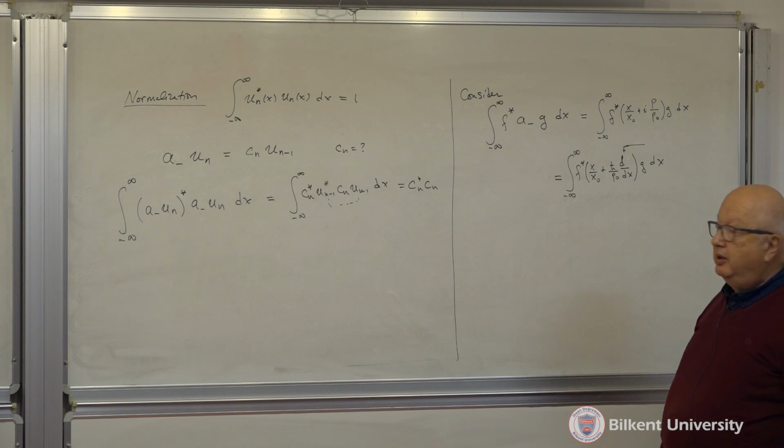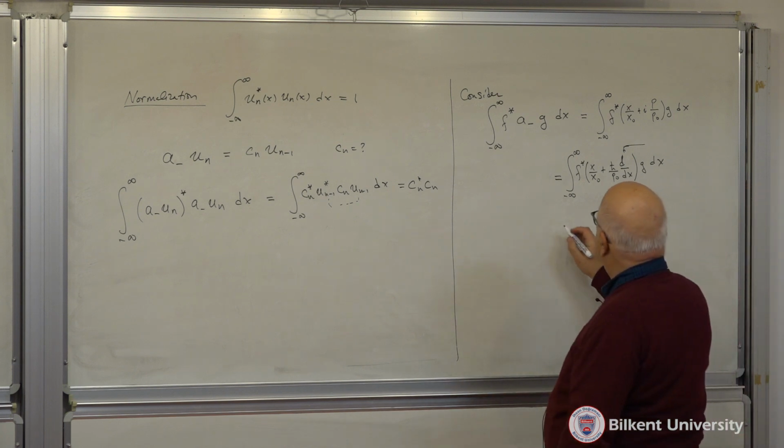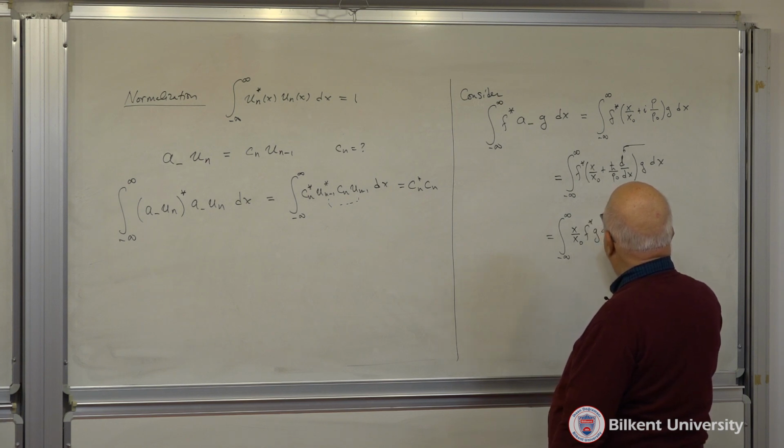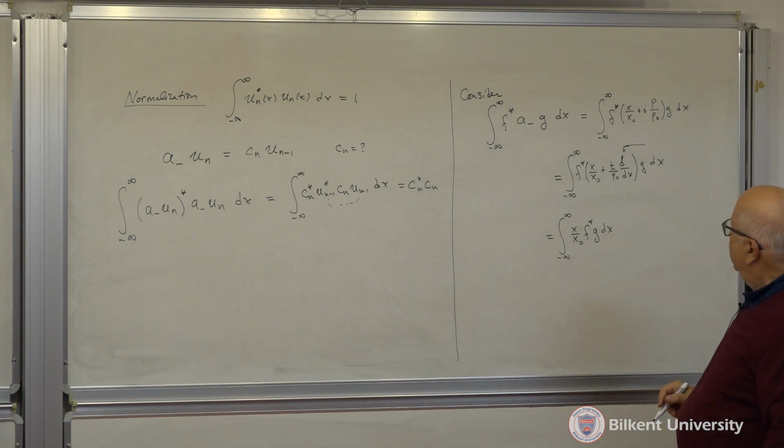And I'm going to get, this is equal to, minus infinity to infinity, x over x0 f star g dx. This is the first integral.